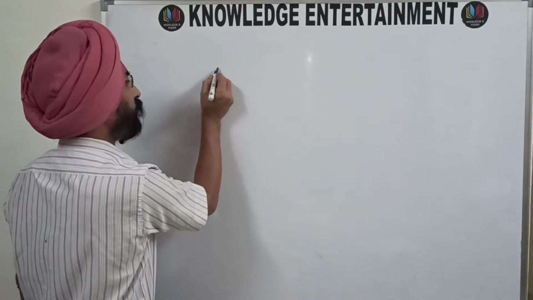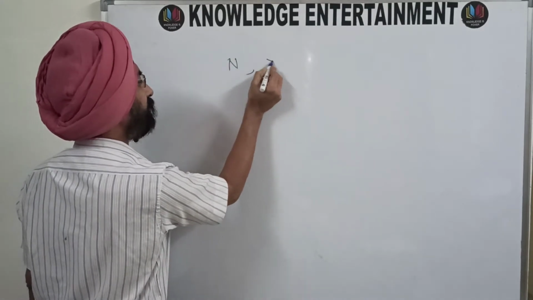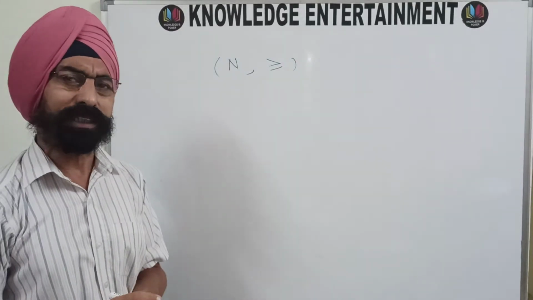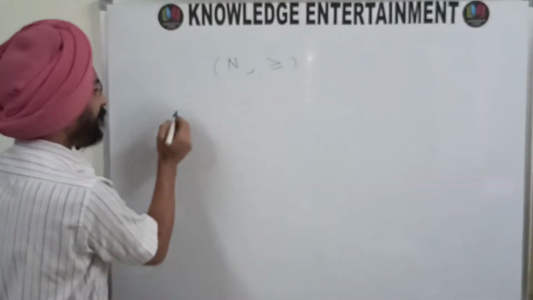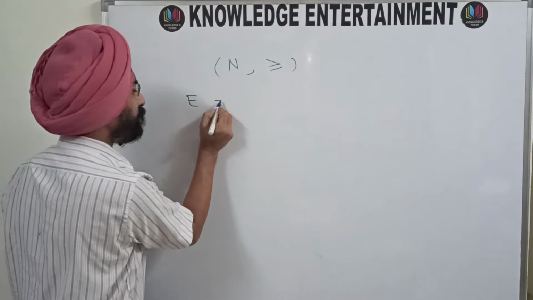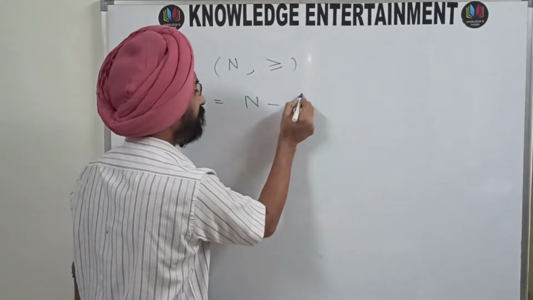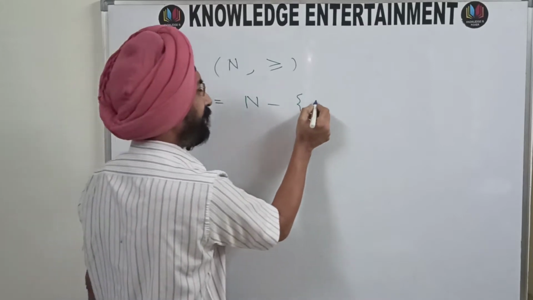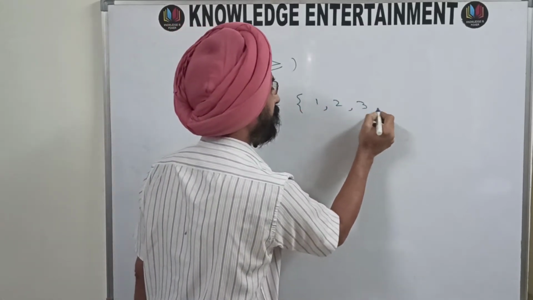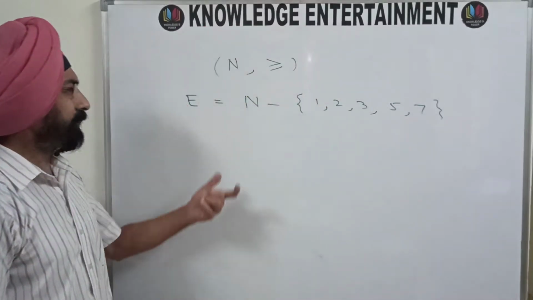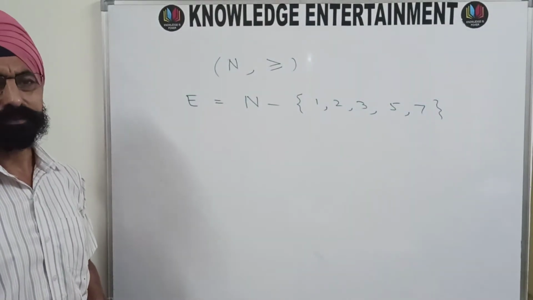We know very well that N with greater than or equal to is a directed set. Now I am taking a subset E of N by deleting from N the elements 1, 2, 3, 5, 7. Let it be the set E.